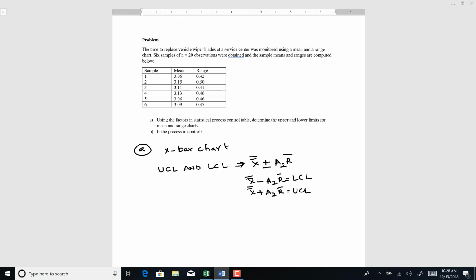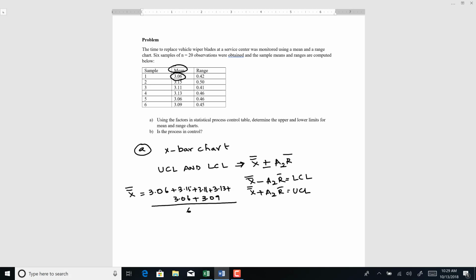To calculate X double bar, the grand mean or the average of sample means, we take the average of the sample means: 3.06 plus 3.15 plus 3.11 plus 3.13 plus 3.06 plus 3.09, divided by 6.